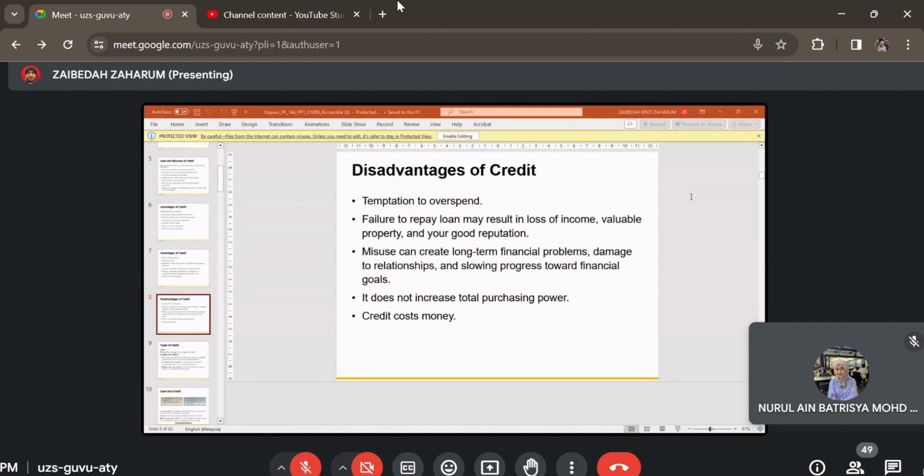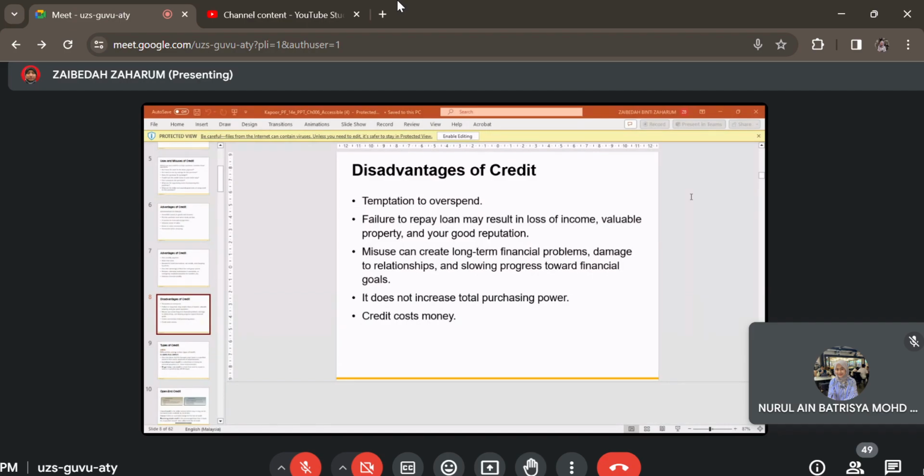Okay. So dia akan menyebabkan tadi ibarat you meminjam dulu, okay, sebelum whatever you punya future income or saving. Maknanya you akan ada kemungkinan you akan menggunakan lebih dari apa yang you mampu.